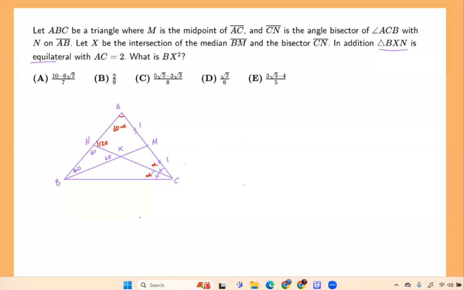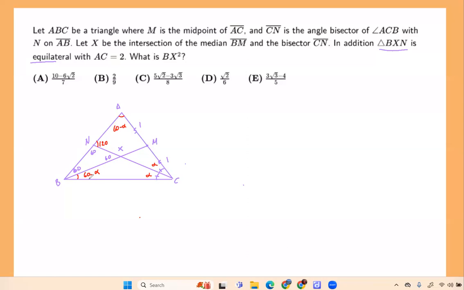So that's 120 plus alpha, which is why we can say this angle is another 60 minus alpha. Okay, I hope that's clear. So look at triangle BXC. Alpha, 60 and 60, plus this part has to be 180. So we have 60, 60, 120.